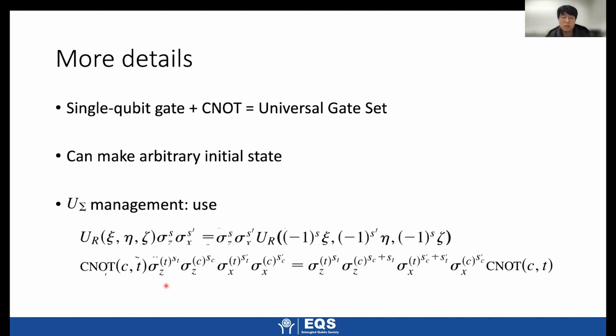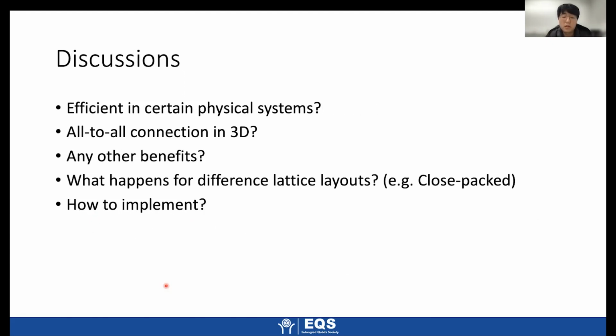So that's how we take care of U CNOT. Up to now, I discussed some main ideas of this paper, and I'd like to have some discussion with you guys. I have some questions, and if you have any insight, I'll be glad to hear it.